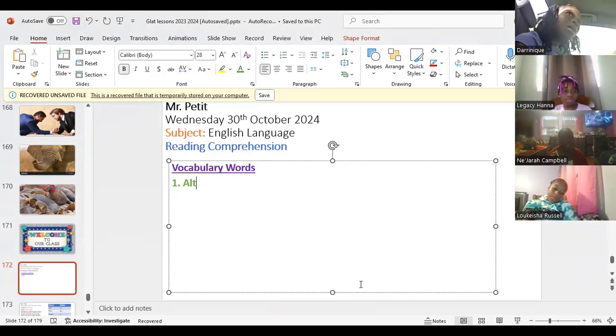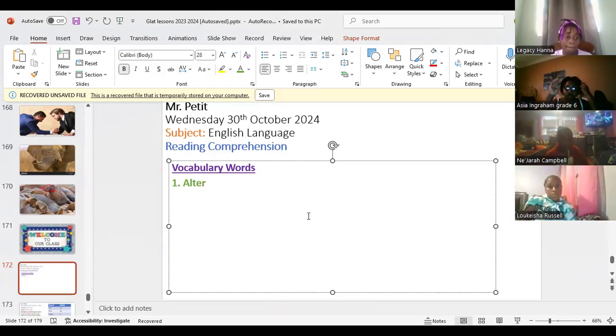No. Alto? Alter? Altitude? Wait, who said alter? Who said alter? Asia. Very close. Altered? A. Altered? T. Alteration? Alteration? Alterations. Very good.